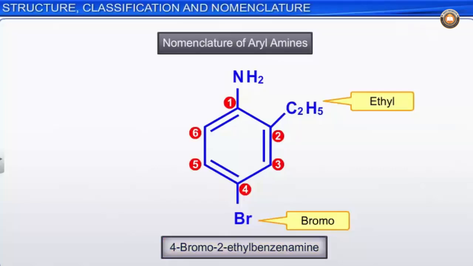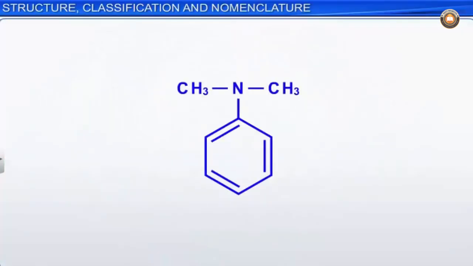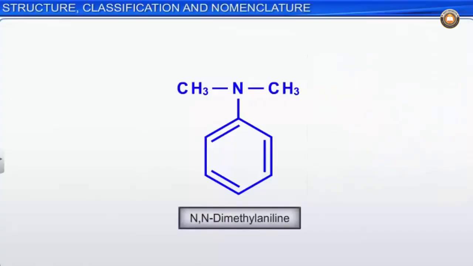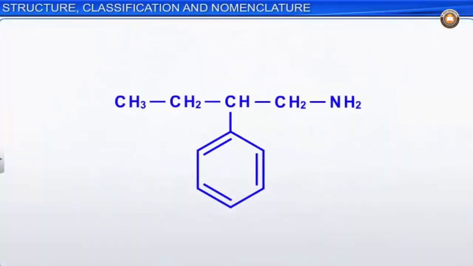Now try to name these compounds. In the first compound, since 2 methyl groups are present as side chains on the N atom and the main compound is aniline, the compound can be named N,N-dimethyl-aniline. In the second structure, an NH2 group is attached to an alkyl group and a benzene ring is present as a side chain.